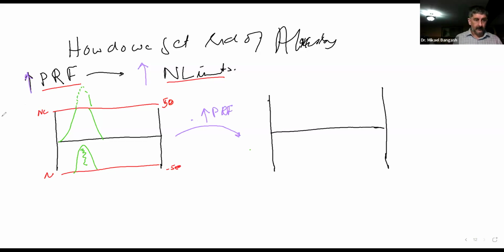Now the size of your scale or spectrum is the same. But now we have a higher PRF, let's say we increase it to 150.